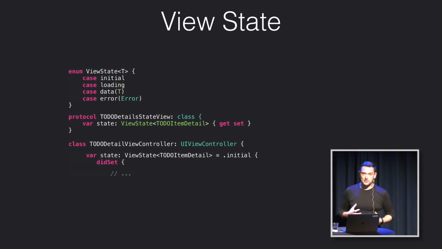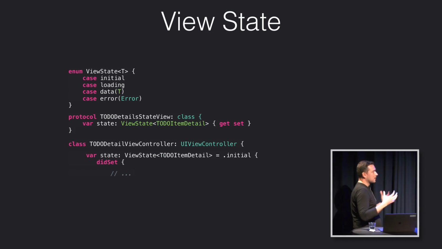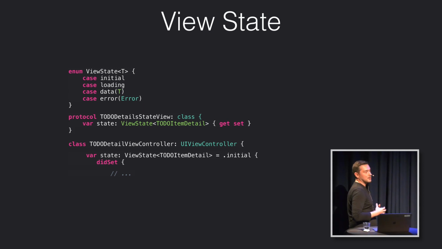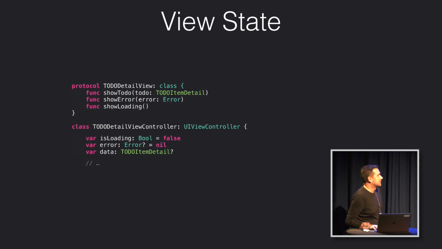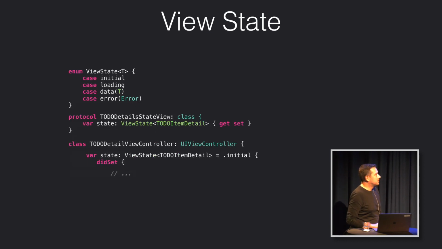So by using this, your state management became way easier and way more testable, because this is much easier to test than if you try to test these four variables. For two booleans, you already need more than two test cases. But if you're testing with enums, your view lifecycle becomes really simple and really easy to understand.